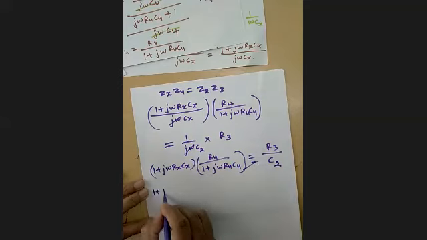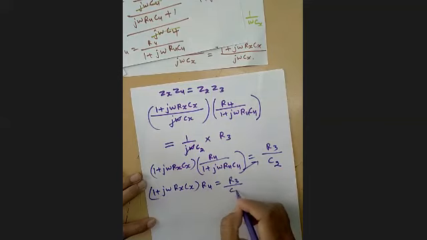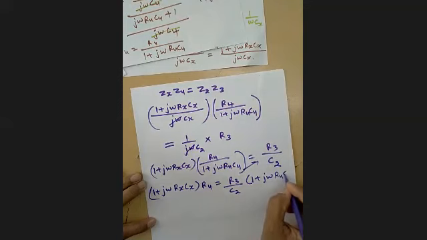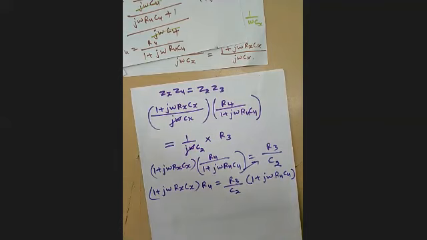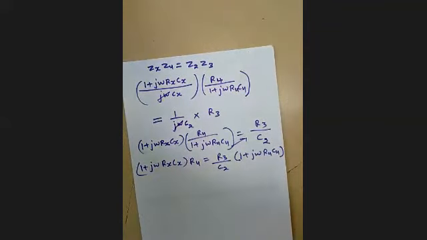So this is equal to 1 plus j omega Rx Cx multiplied by R4 equal to R3 upon C2 multiplied by 1 plus j omega R4 C4. So solve this and equate the real and imaginary parts.